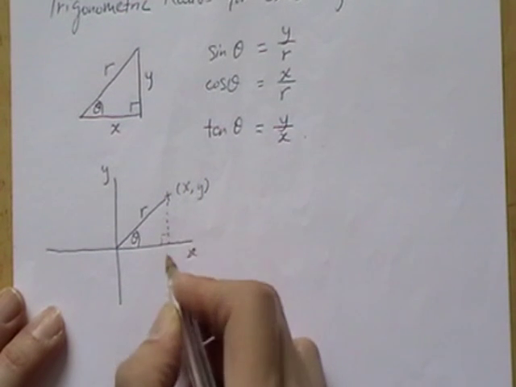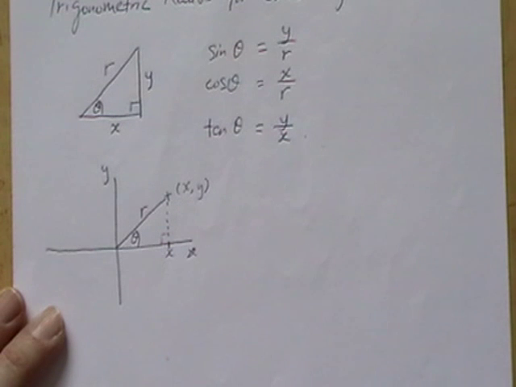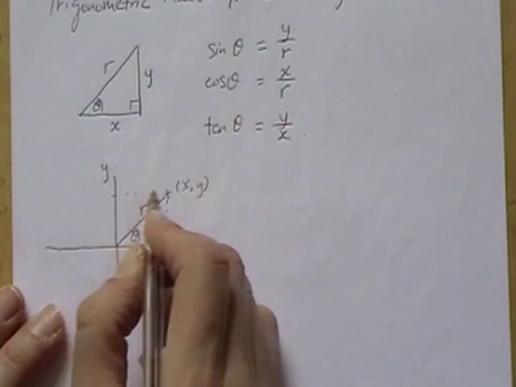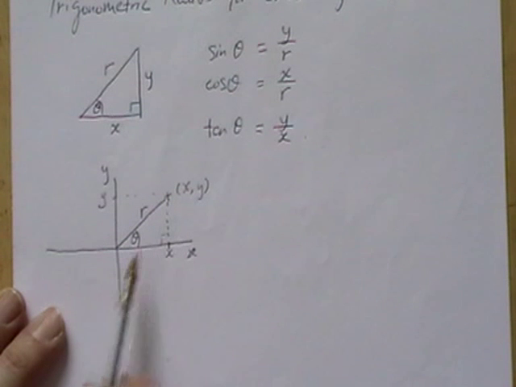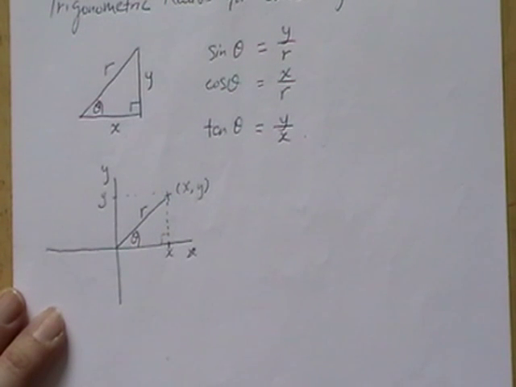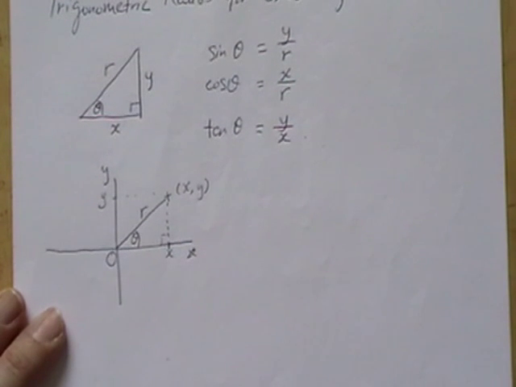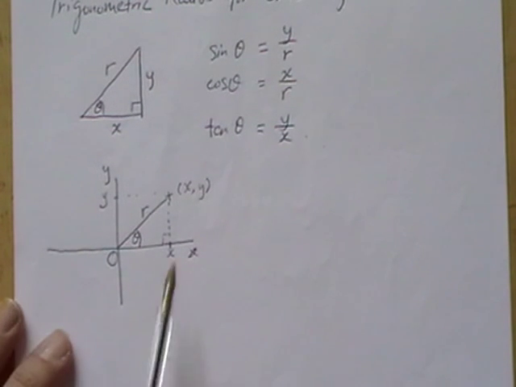Meaning I'm going to think of x as the value of the x coordinate and y as the value of the y coordinate. Now they have the same value, alright? The coordinates and the sides have the same value because that's how we understand the xy axis. That's how we understand this graph. So they have the same meaning as far as we know.